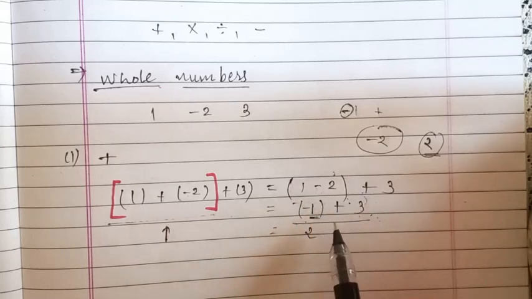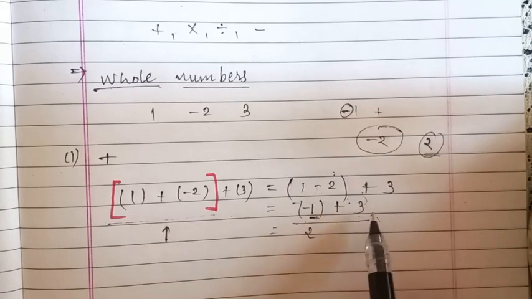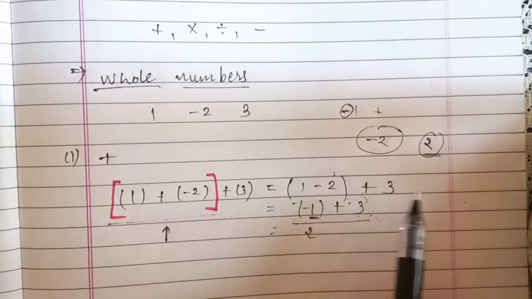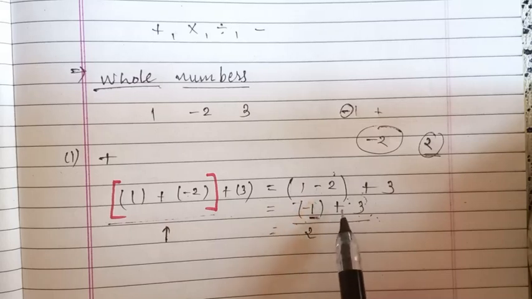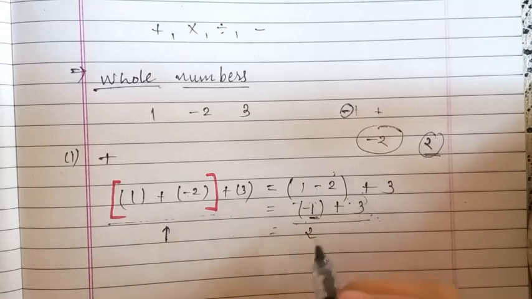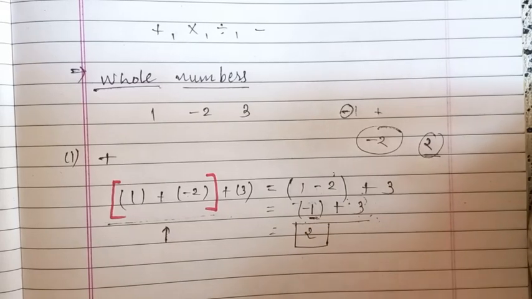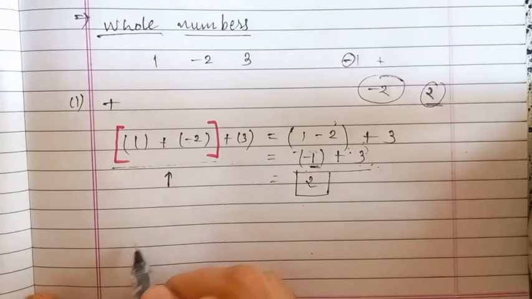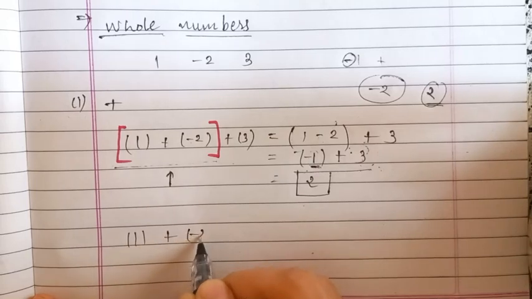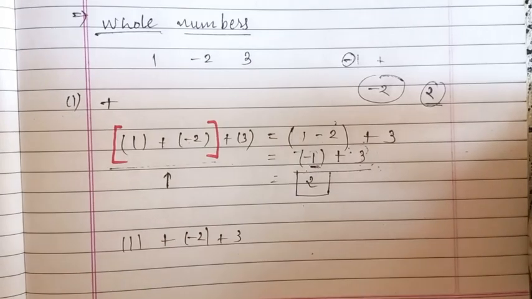If I say subtract the small digit from the bigger digit, you subtract the small one from the bigger one. So 3 minus 1 is 2, and the answer remains positive because the bigger digit has a positive sign. So the answer is 2.